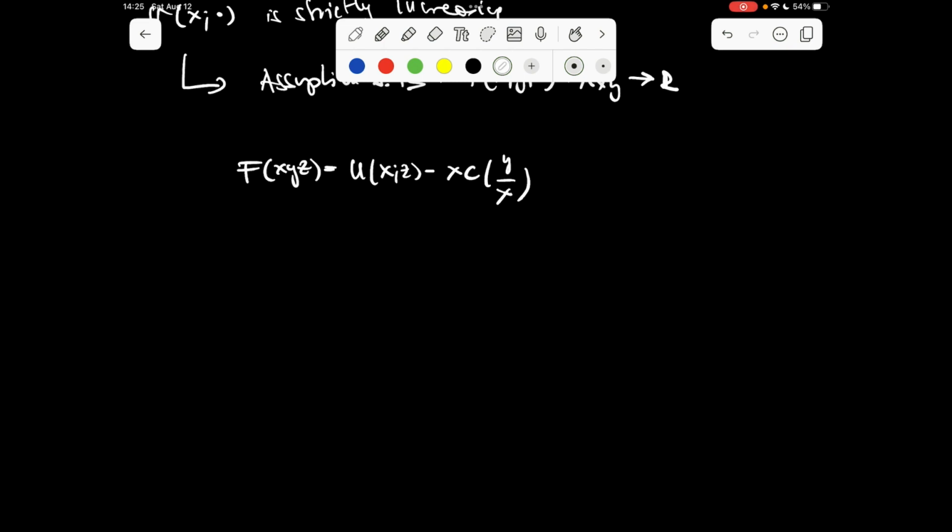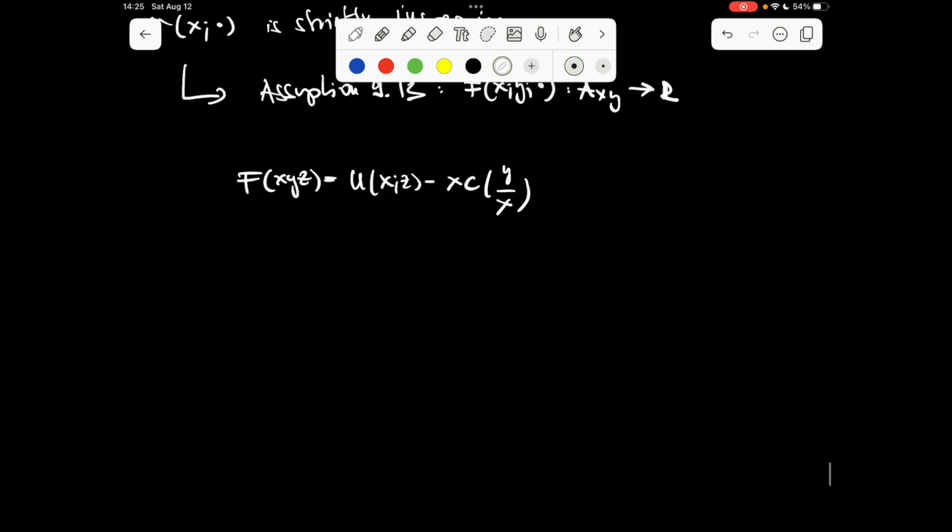Monotonicity of f in z depends on the monotonicity of u in z, because z doesn't appear in the second part of the one period return function. So we need to check how function u depends on z.